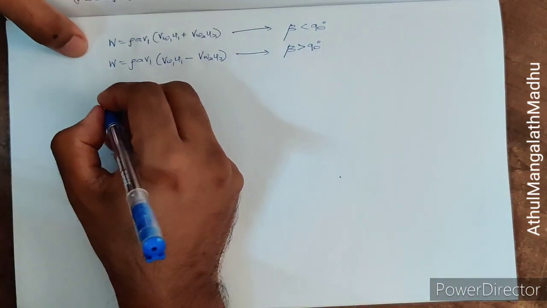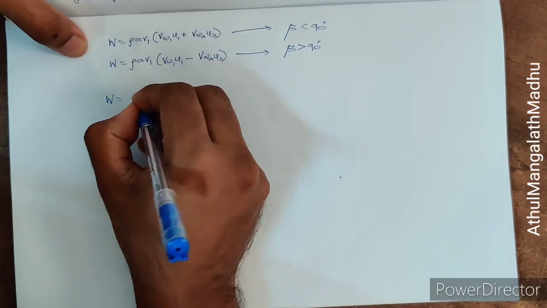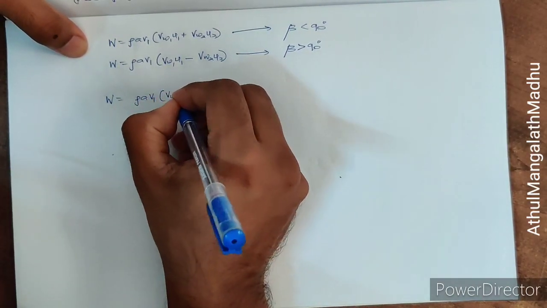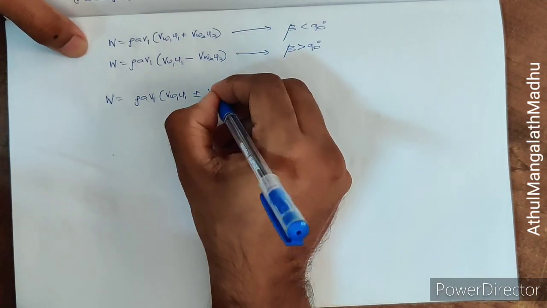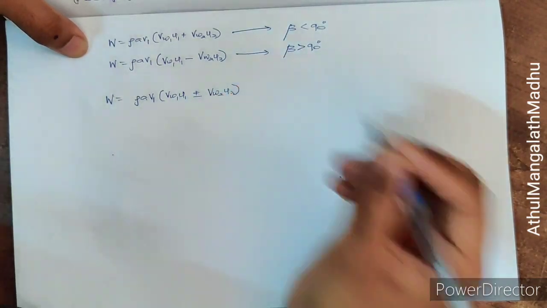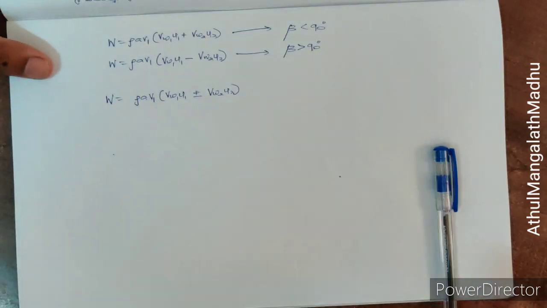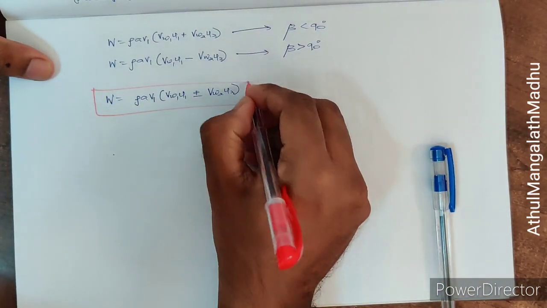So in general, I can write the work done as rho A V1 (Vw1 u1 plus or minus Vw2 u2). This is the most general equation that you can have for the work done.